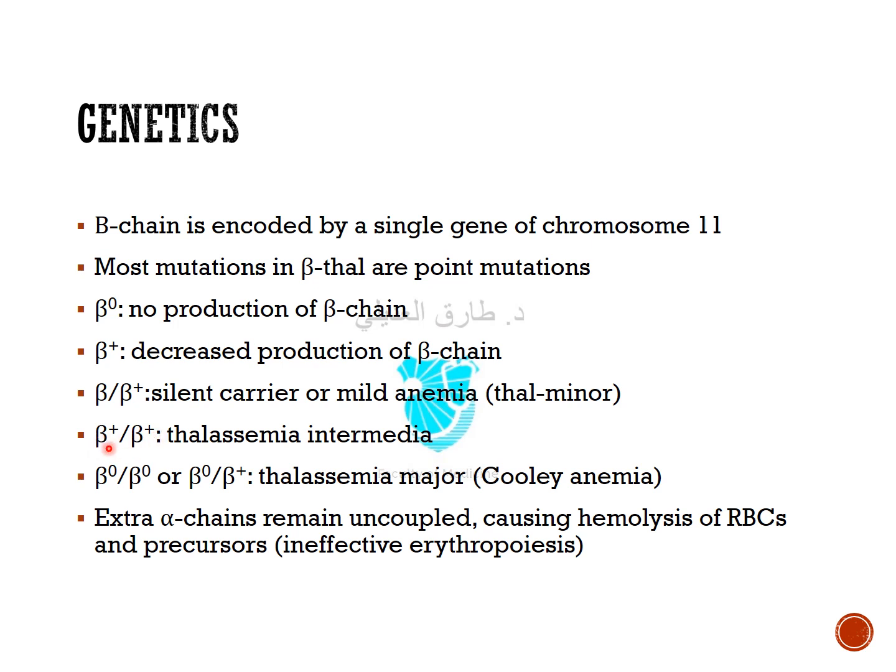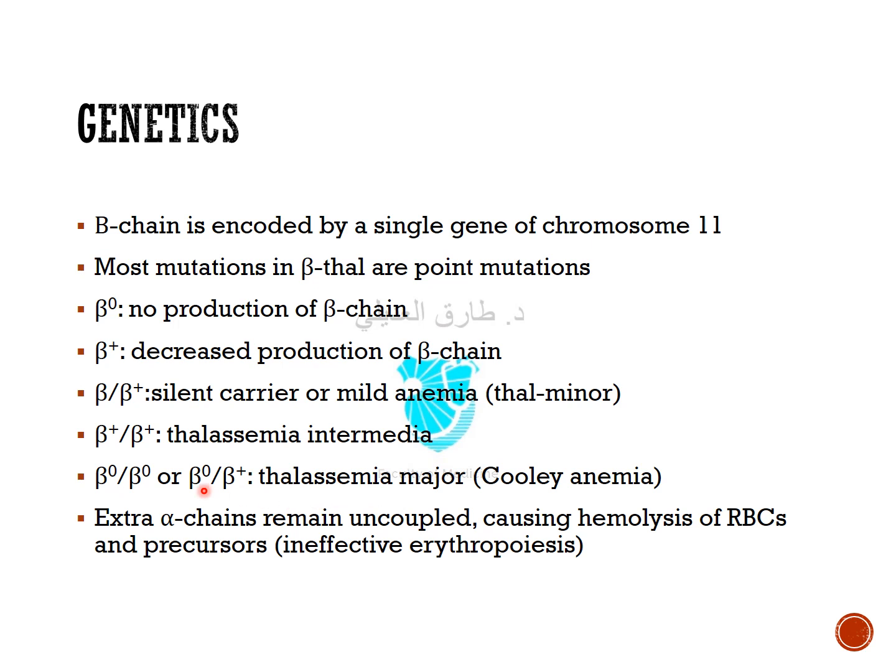Now, if you go to the textbook, you find different combinations. Okay, it doesn't always match between the intermediate and the major. Sometimes plus plus, but they are major because every mutation is dramatic and doesn't produce enough hemoglobin. Okay, but this is to remember as a concept.